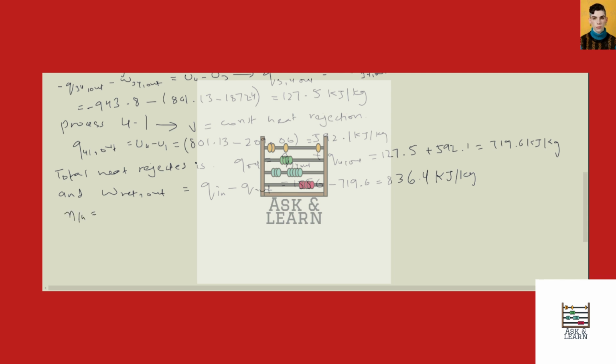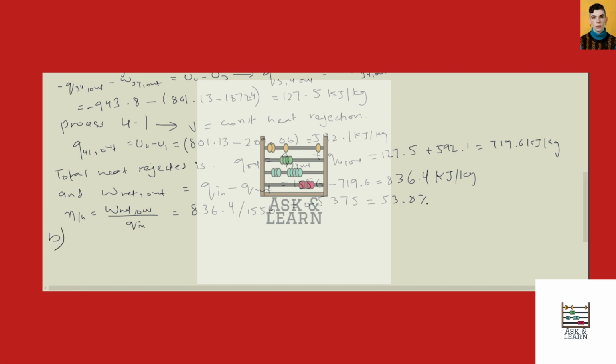So thermal efficiency will be equal to W net outward divided by Q in, which is 836.4 divided by 1556, that is 0.5375, which is 53.8%.